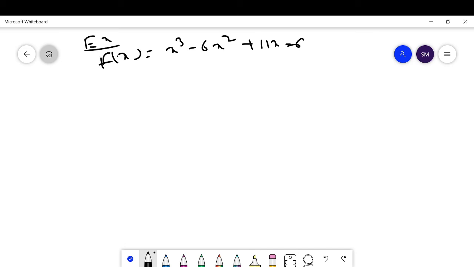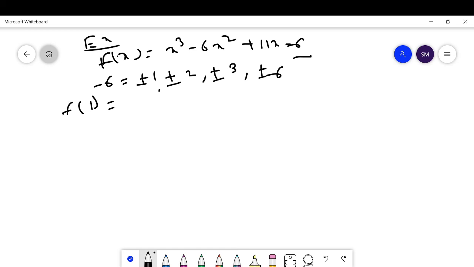The factors of minus 6 are plus or minus 1, plus or minus 2, plus or minus 3, plus or minus 6.